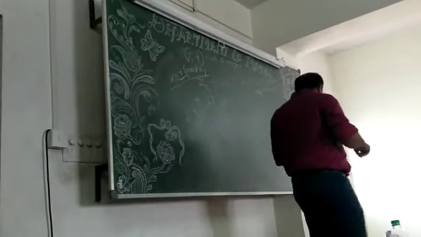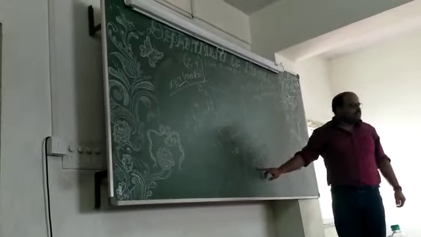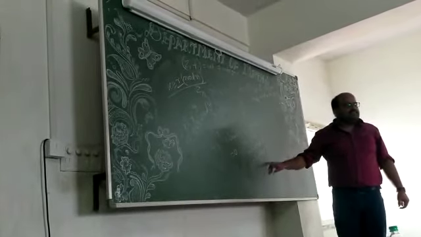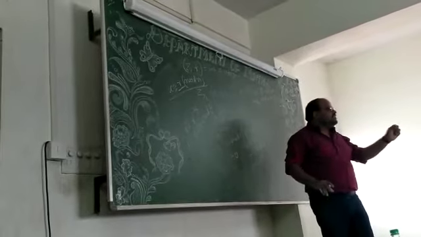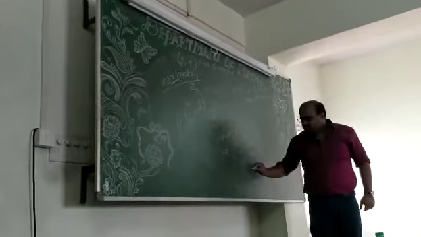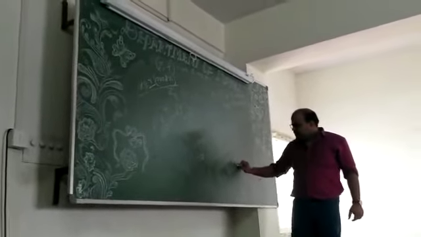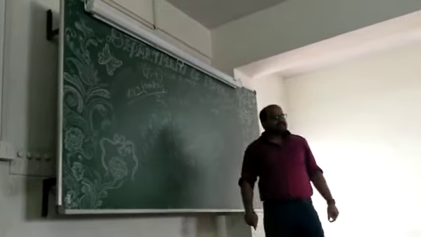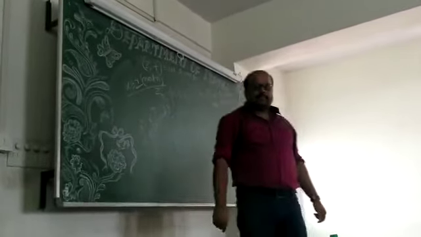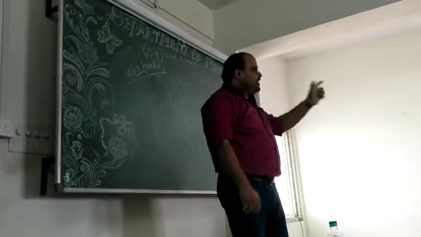So it came under mod 3 but negative. After that we add: minus 2 plus 3 is 1. So minus 5 modulo 3 is 1. Correct? No need to fear.